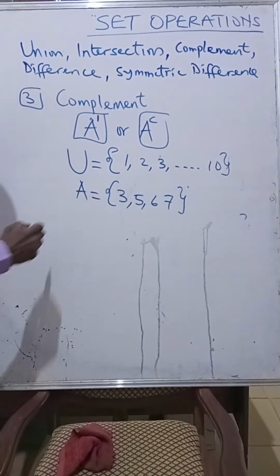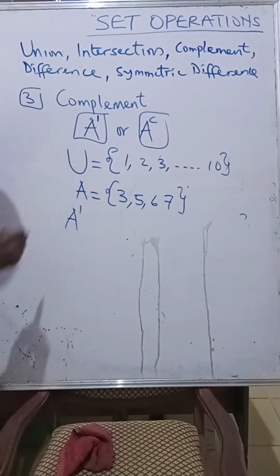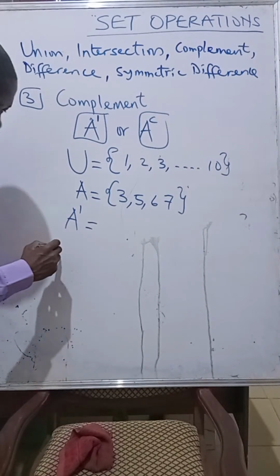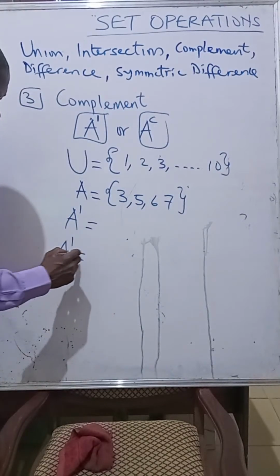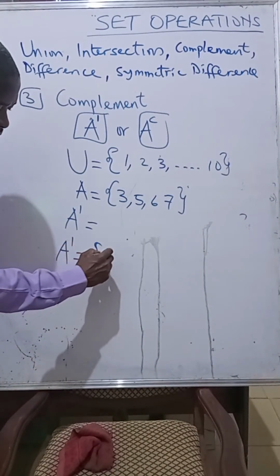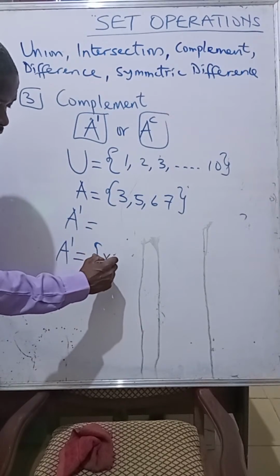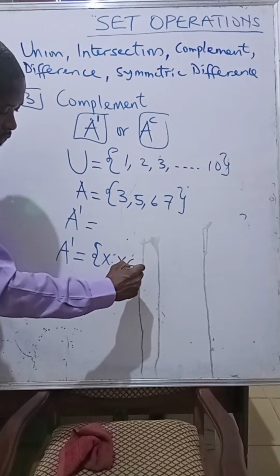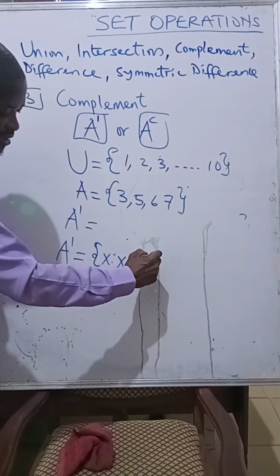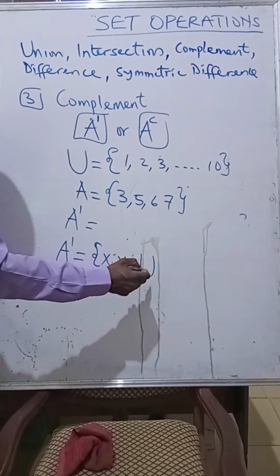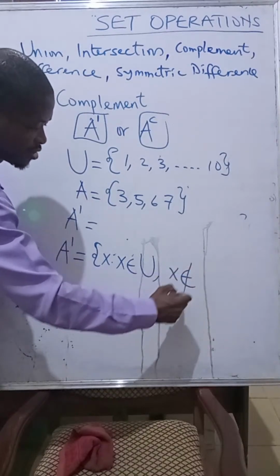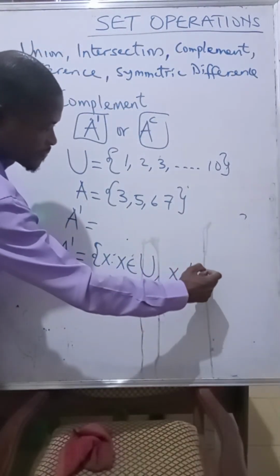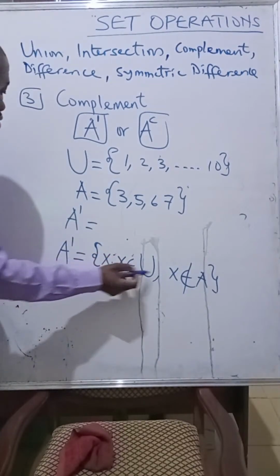So the A complement is equal to, in set notation, x such that x is a member of the universal set, but x does not belong to A. It's a member of the universal set, but it does not belong to A.